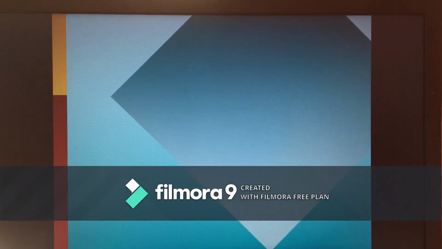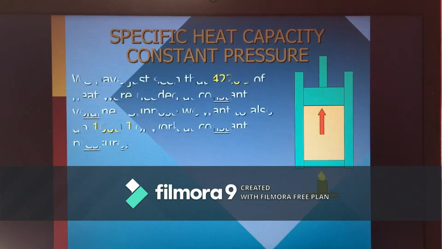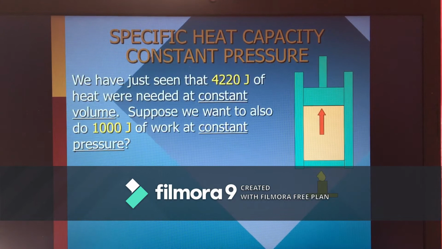Now let's continue with specific heat capacity at constant pressure. We have just seen that 4,220 joules of heat were needed at constant volume. Suppose we also want to do 1,000 joules of work at constant pressure.